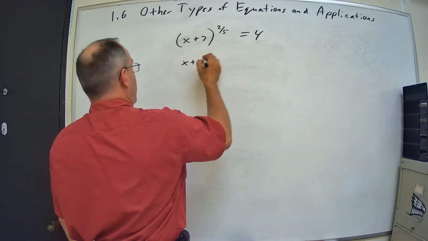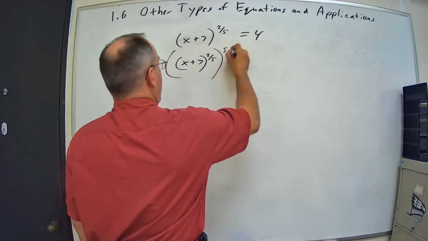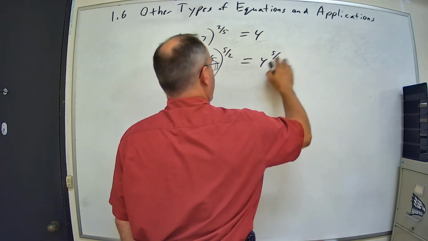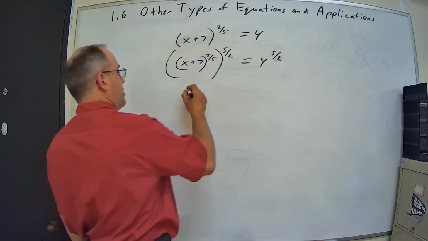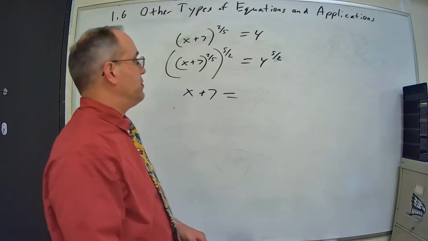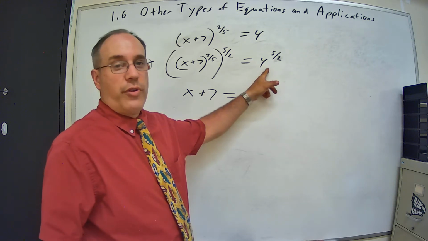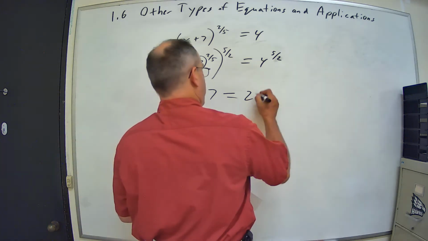So x plus 7 to the 2/5 raised to the 5/2 is equal to 4 to the 5/2. That's going to give us x plus 7 is equal to, well, I see half over here, that means square root. I know the square root of 4 is 2, so that's good. So I'm just going to make that 2 to the 5th.